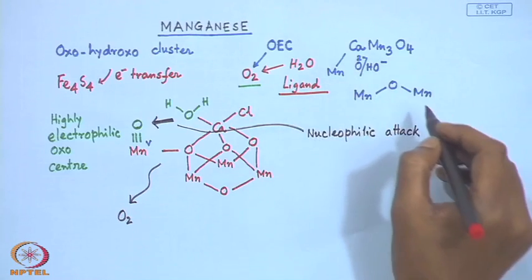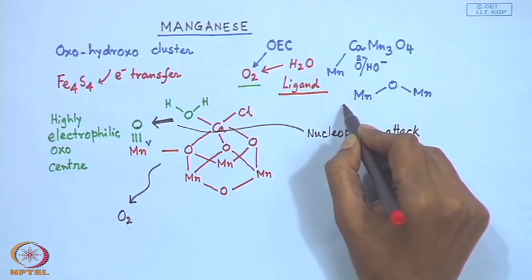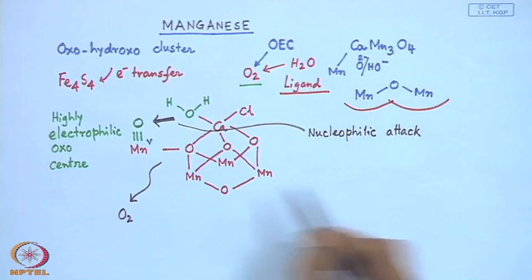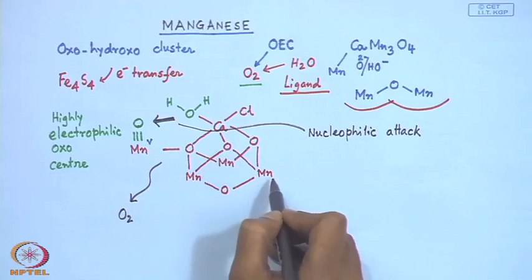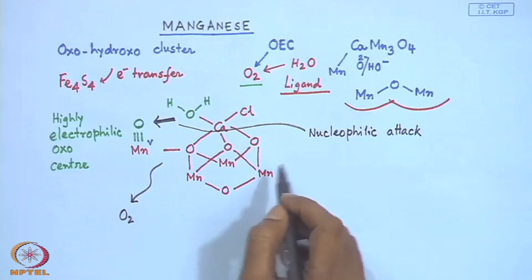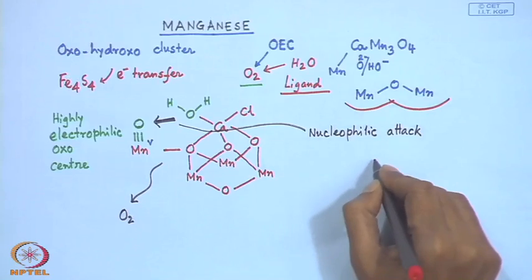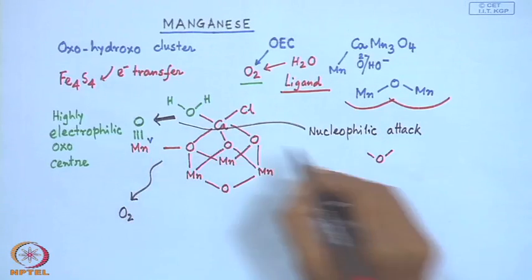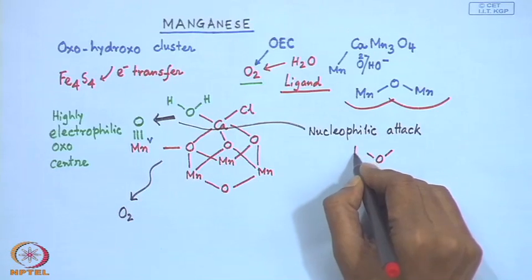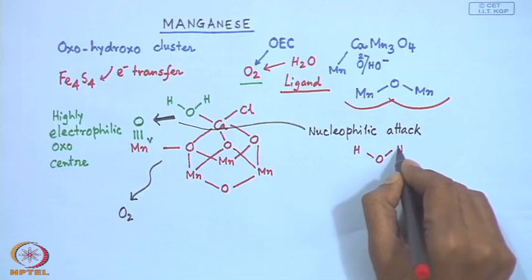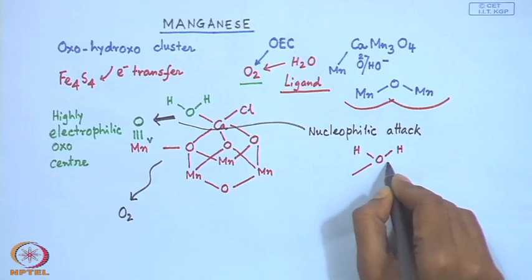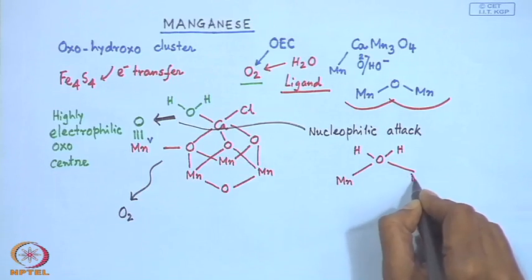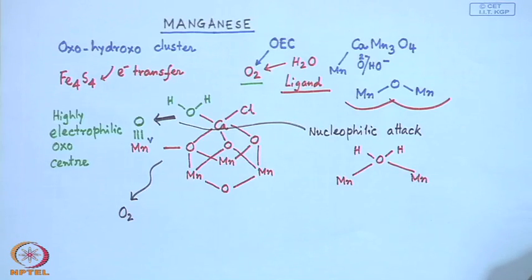So, this particular manganese motif, everywhere you will find this manganese oxo manganese, manganese oxo manganese. Here we are talking about this calcium attached with a water molecule. In some other form you can get this particular basic unit as well.